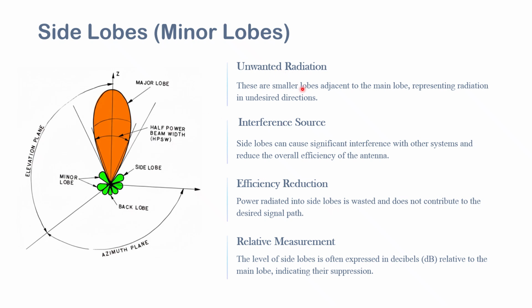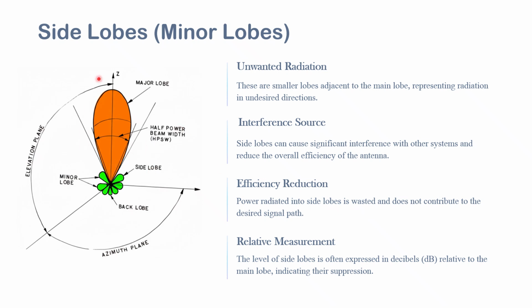Now what are side lobes? Side lobes are adjacent to the major lobe, and they denote the radiation in an undesired direction. If you are radiating a signal in an undesired direction, that may interfere with other systems, and it may reduce the overall efficiency of an antenna. Here the power also gets wasted.